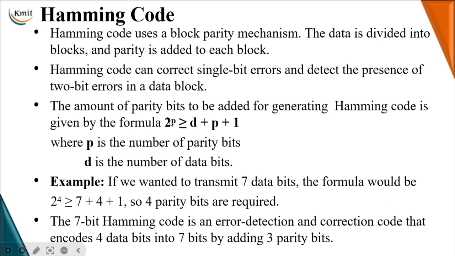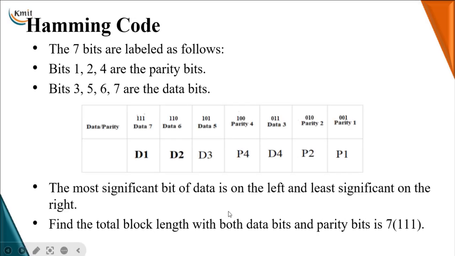Let me verify the relation here: 2 cube becomes 8, and 8 is exactly equal to 4 plus 3 plus 1. Hence, to transfer 4 data bits, we require 3 parity bits. Adding the parity bits to the data bits, 4 plus 3, the Hamming code contains 7 bits.